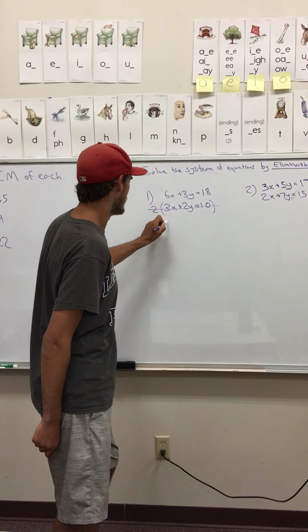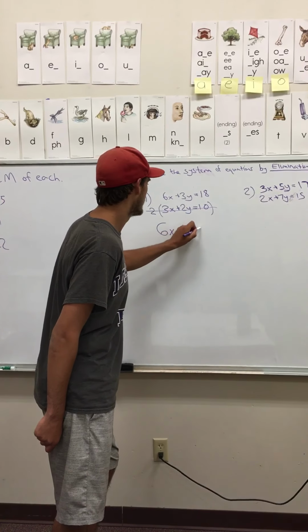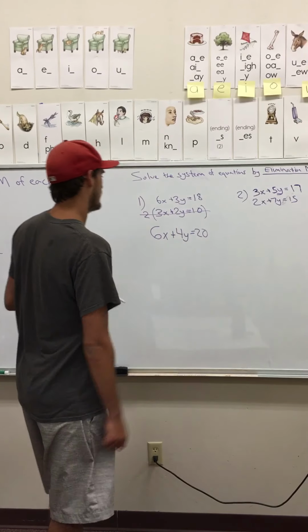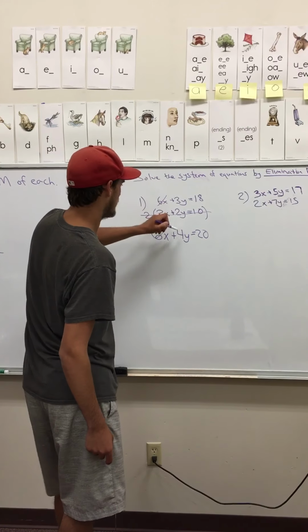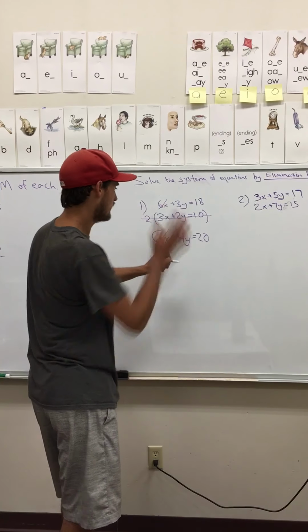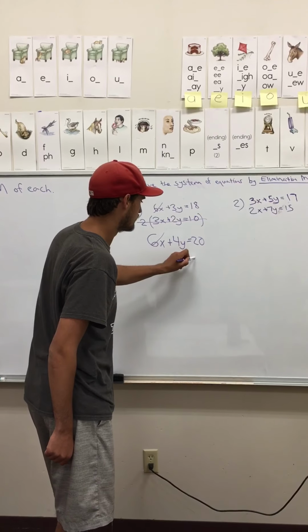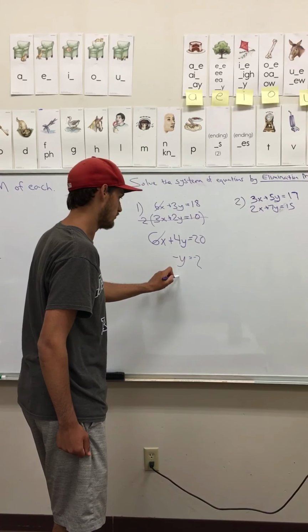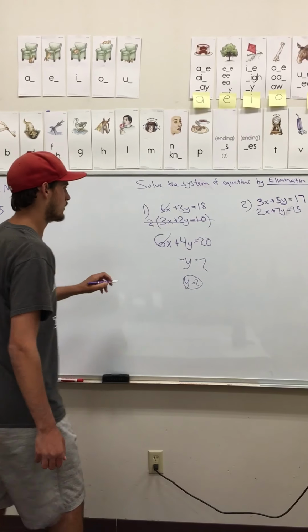Giving us a new equation of 6x plus 4y equals 20. Now we'll subtract, get rid of these, and then 3y minus 4y gives you negative y, and 18 minus 20 equals negative 2. Then y equals 2. We'll plug that back into one of your original problems.